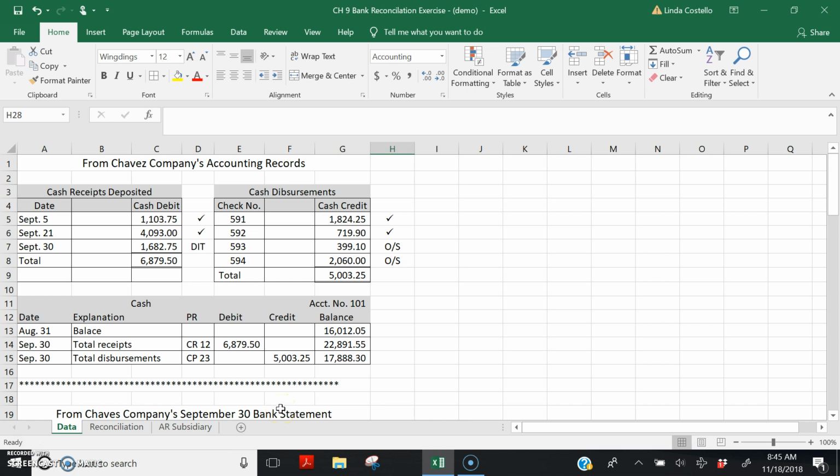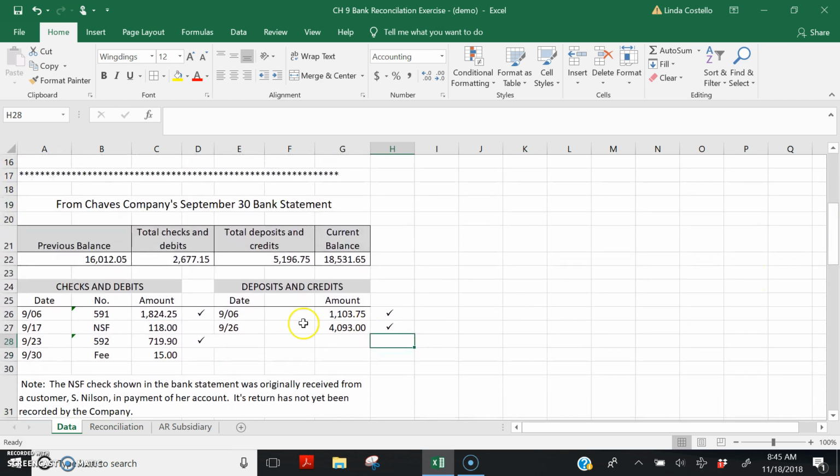In the previous lecture, we identified the following reconciling items: 1 deposit in transit, 2 outstanding checks, an NSF check in the amount of $118, and a bank fee in the amount of $15.